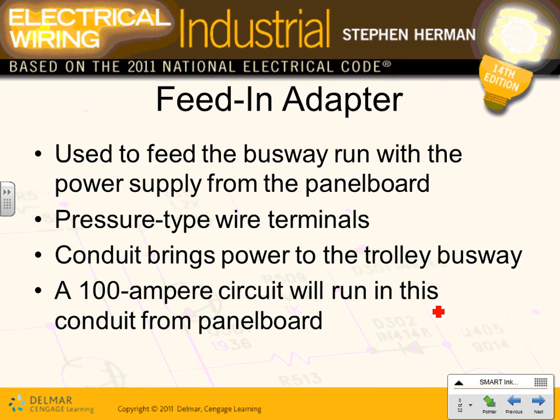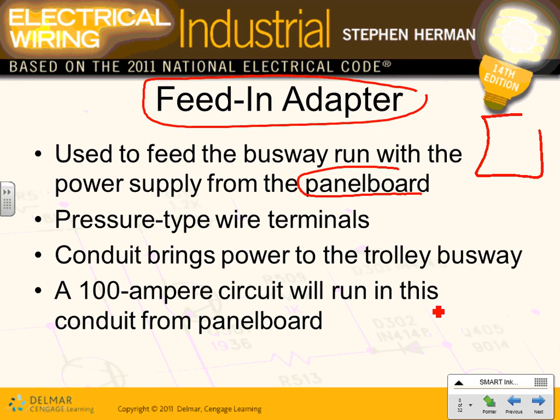Feed-in adapter, they call it feed-in adapter. Feed the busway run with power supply from the panel. At the end or in the middle or any side of it, guys, they can have what's called a feed-in adapter. Nothing but a box, Adam, that they bring conduits and wires to, tied to that trolley busway. That's what they call it, feed-in adapter. And these are fed from where? From the panel. So here's my panel. I take 100 amp, all the way to the end.